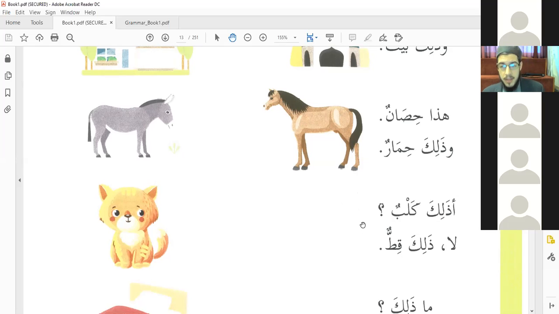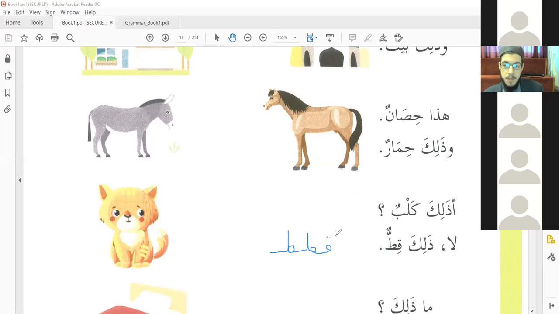So the default is that every word can be traced down to a 3-letter root. We only see that there are 2 letters here, qaf and ta. But in reality, we still have a 3-letter root. It is in reality qaf, ta, and ta.